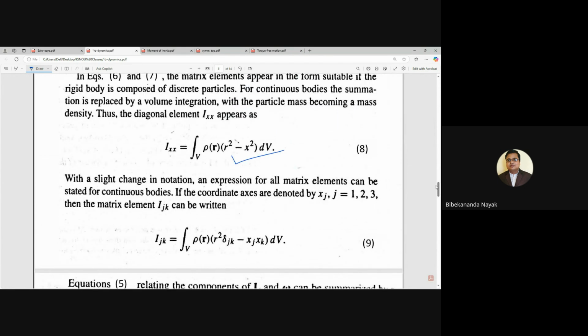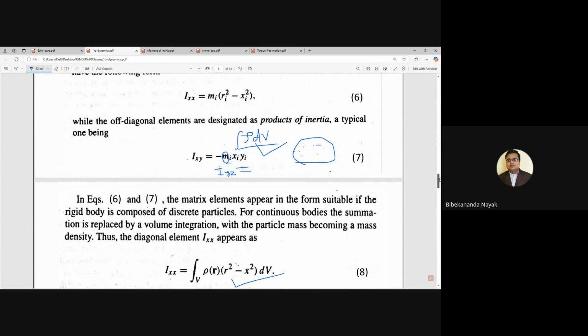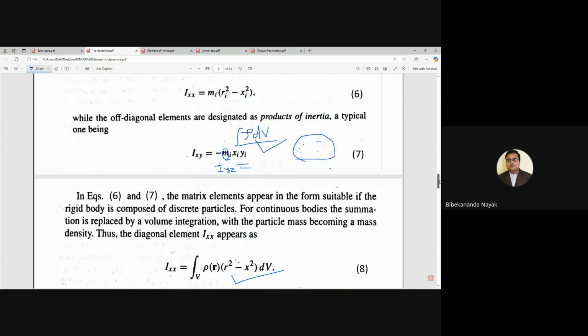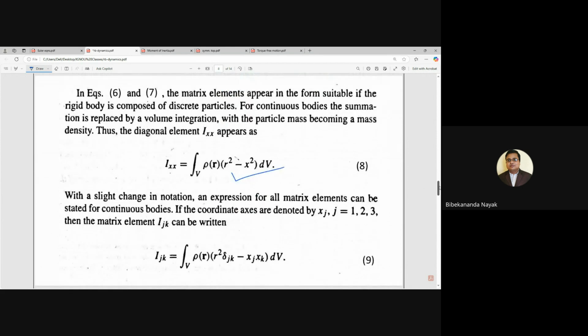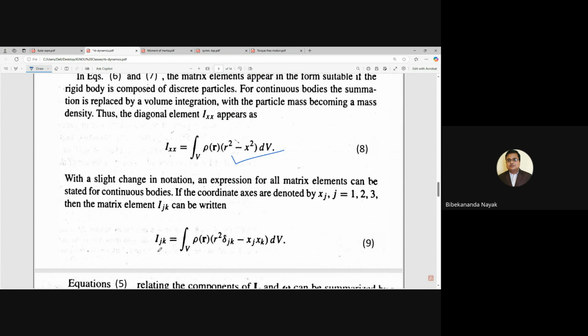Okay. Similarly, this becomes the integral of rho dV xy. Combining these two, I can write like this: Ijk, any component, whether j is equal to k or not, is the integral of rho (r square delta jk minus xj xk). Kronecker delta: if j is equal to k, it is 1, otherwise 0. So it is r square minus xj square.